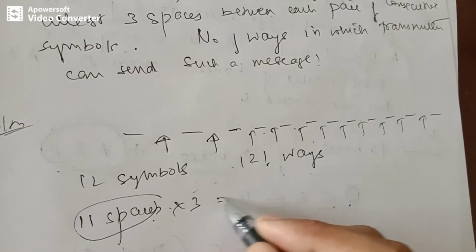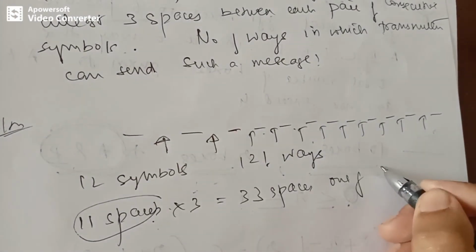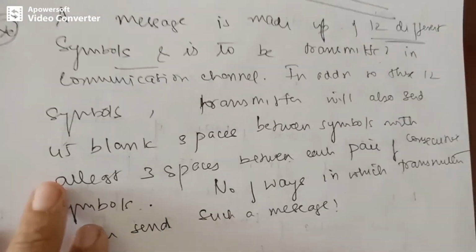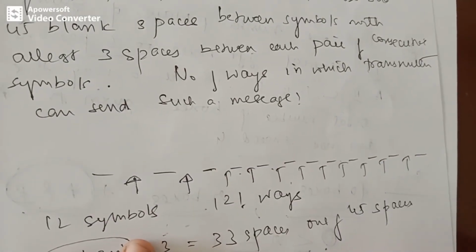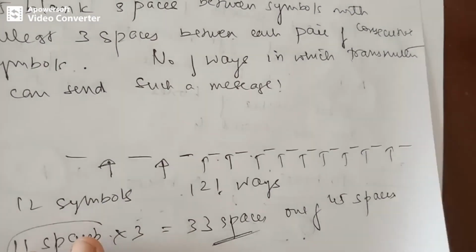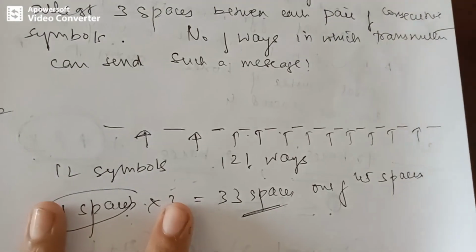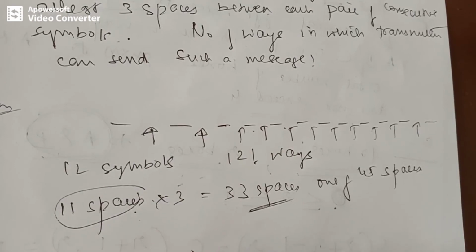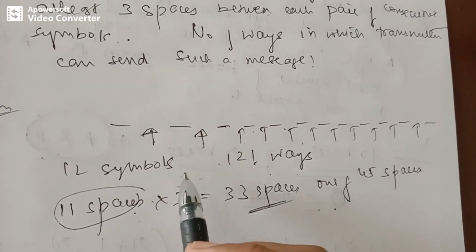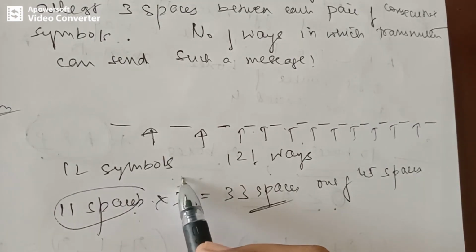So overall we should have 33 spaces out of how many spaces given? 45 blank spaces. So 33 spaces out of 45 blank spaces are used up, right? So we can say that the remaining 12 spaces are to be accommodated.